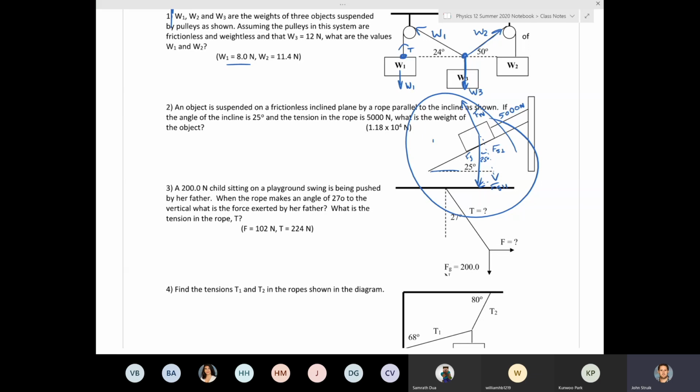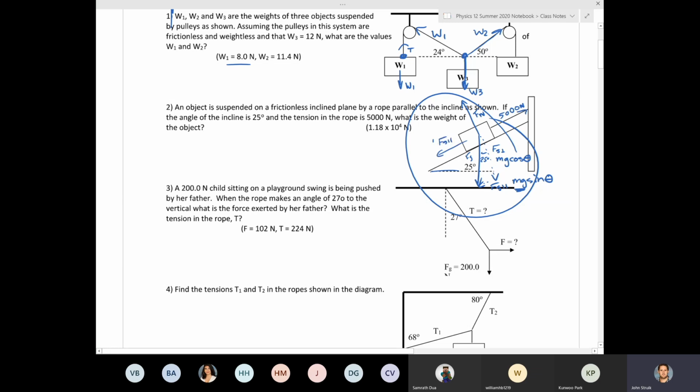So I'm not going to break it down, but Fg, the way the triangle works out, if you break Fg into components, Fg perpendicular becomes mg cos theta, and Fg parallel becomes mg sine theta. And mg is the weight that you're trying to find. And so if I do it that way, I know that 5,000 is going up and Fg parallel is pulling it down.